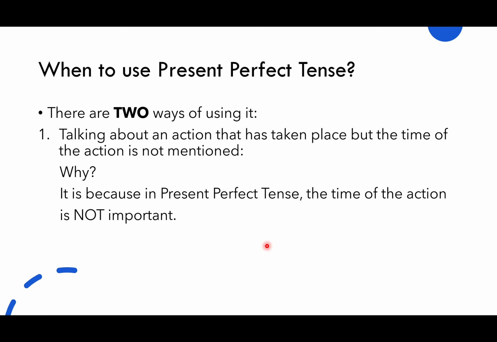Why? It is because in present perfect tense, the time of the action is not important. So when you are looking at present perfect tense sentences, you will not see a time, like yesterday, tomorrow, etc.